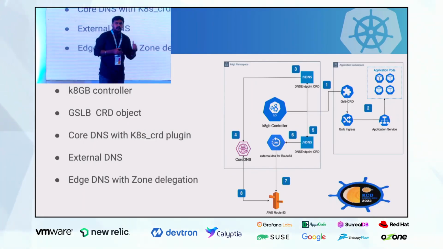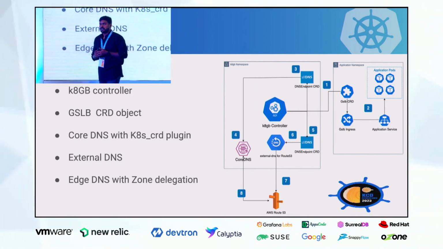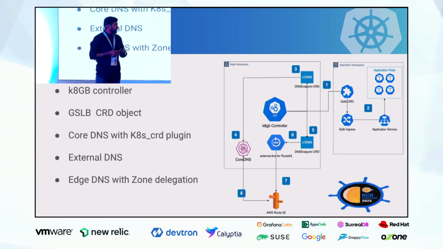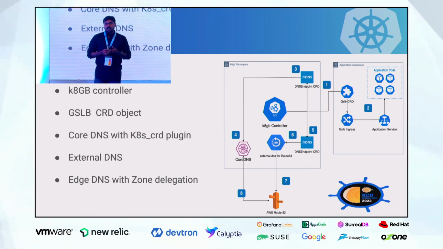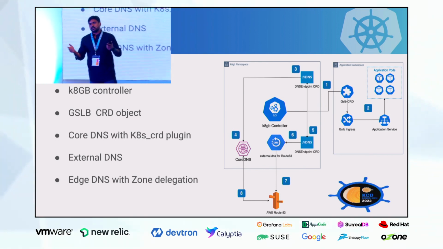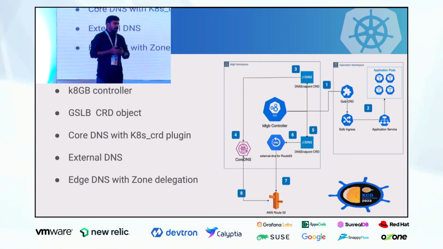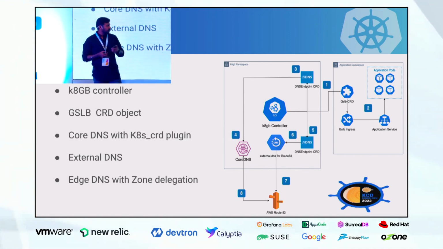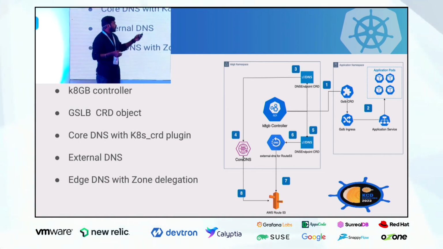KGB also uses the SIG external DNS project, which is used to configure your upstream edge DNS server. If you look at the external DNS project, it supports a wide variety of DNS providers. If you have an on-prem DNS or edge server, you can configure that as well. So basically that's how it works.